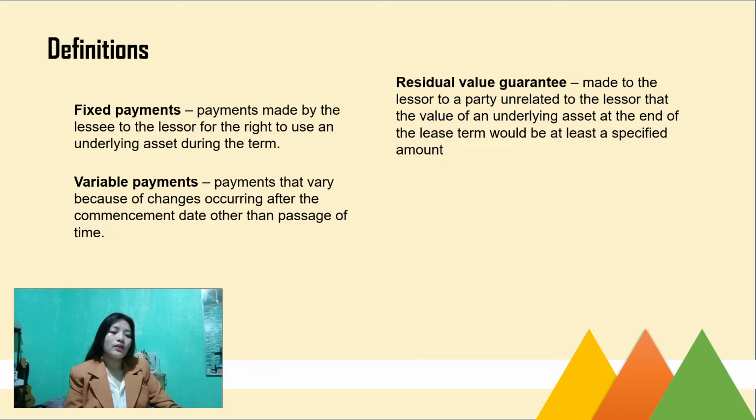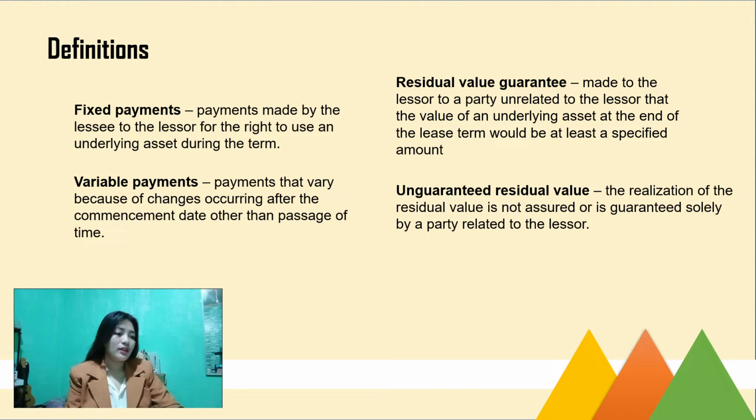So, etong residual value guarantee, mas maano natin siya kapag nagkaroon tayo ng mga problem. Pero itong residual value guarantee, nagbibigay dito ng specified amount na ginaguarantee na with this specified amount, ito yung magiging value ng underlying asset mo at the end of the lease term or hindi bababa sa amount na ginaranty ng isang party unrelated to the lessor.